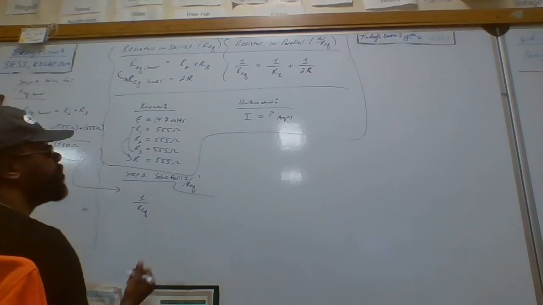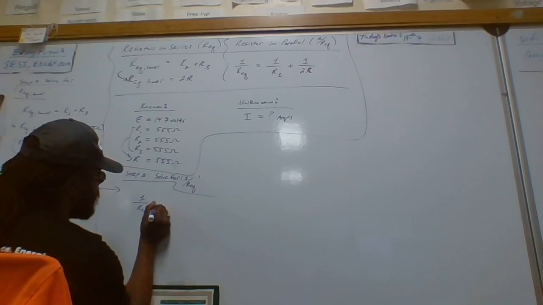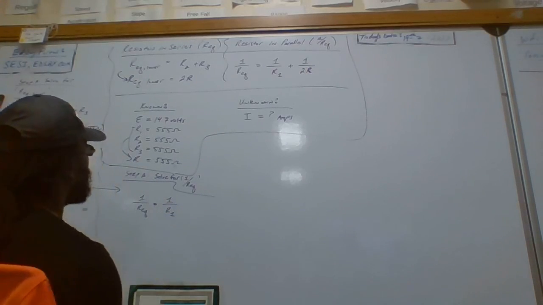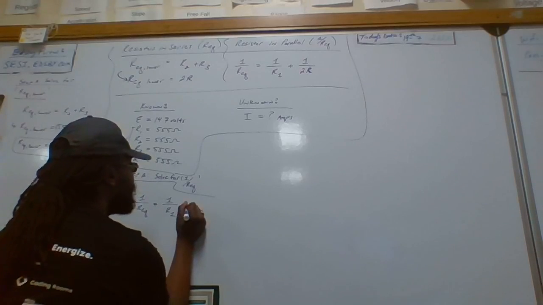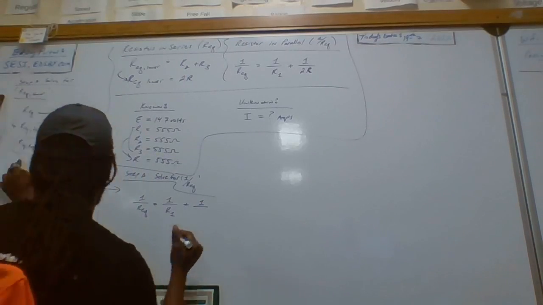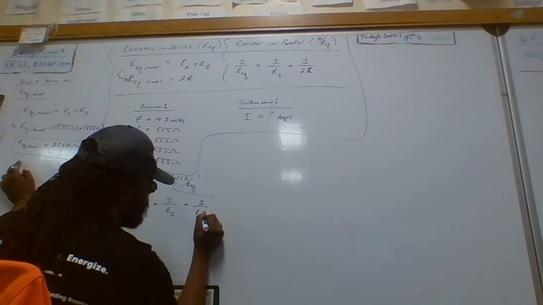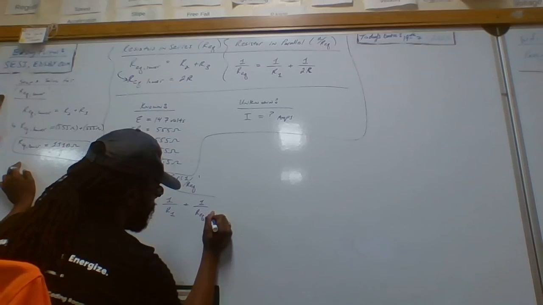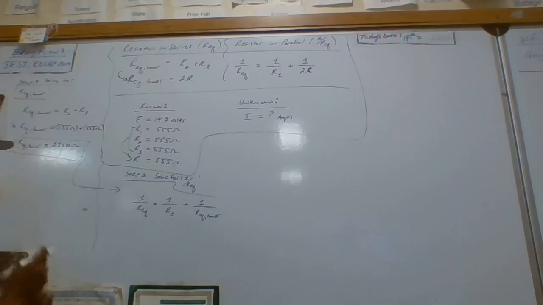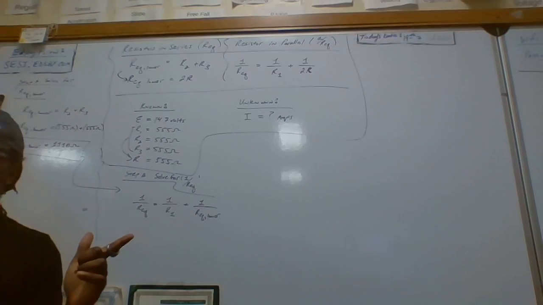We use our calculator button for that. And it's equal to 1 over R1, which is pretty much the same as R2 or R3, plus 1 over what we call our REQ lower. We're going to combine these two. Okay, and we know what REQ lower is since we just calculated it, right?